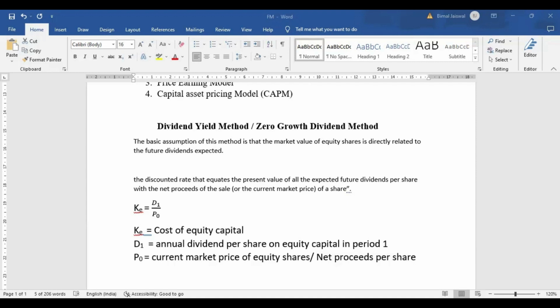If the growth is there, then this model will not be applicable. But if the growth is not there and there is a constant expected future dividend, then we can make use of this equation.